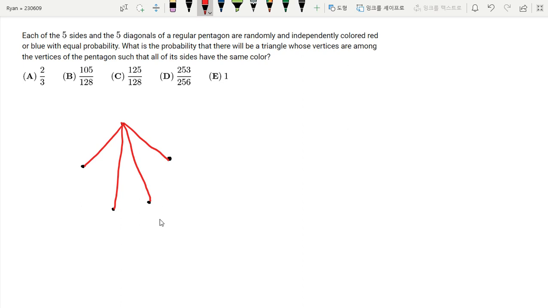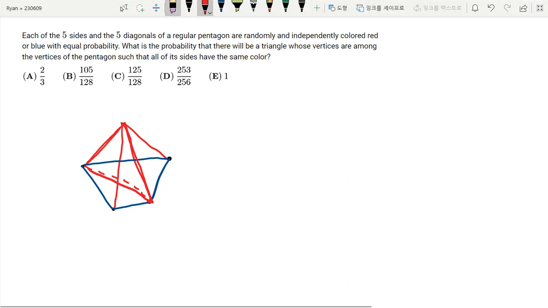So to make the triangle having different colors, this should be blue now. Now all triangles are made of different colors. But the problem is this one. If we make this segment red, now this triangle will all have the same color.